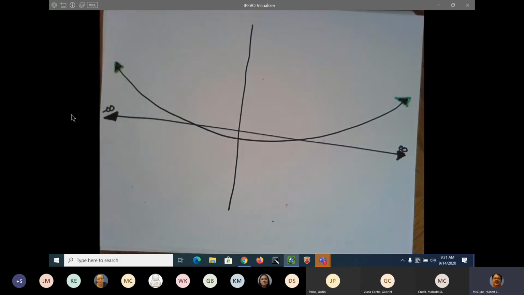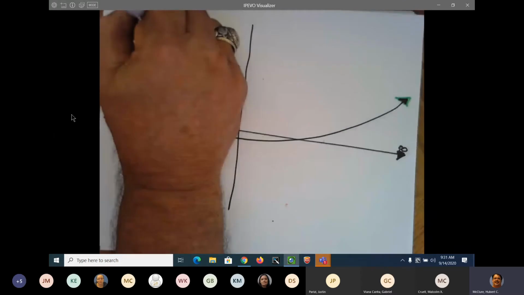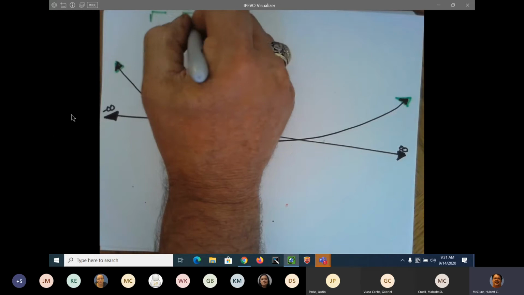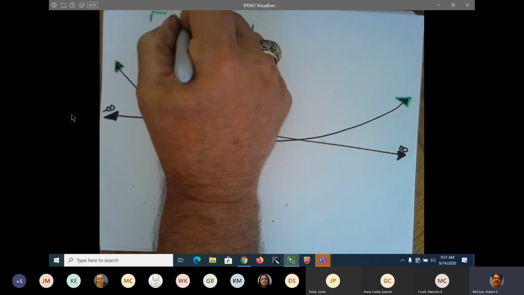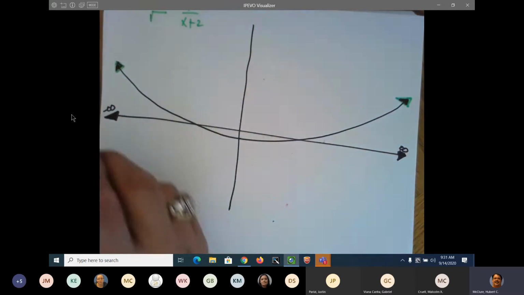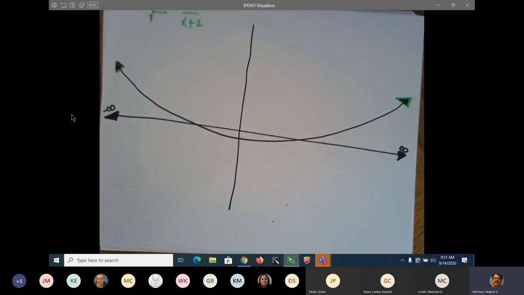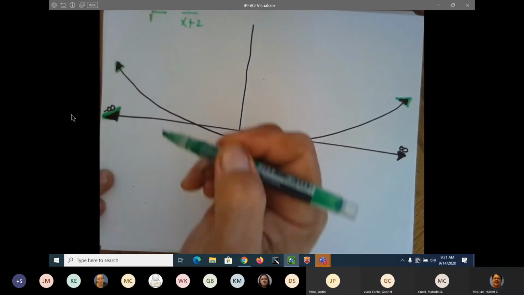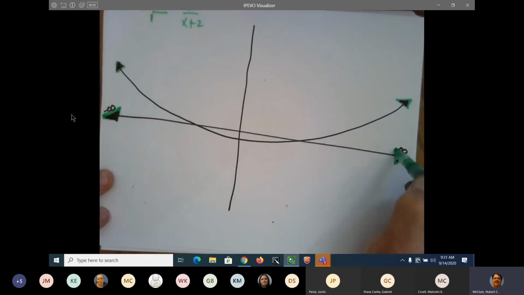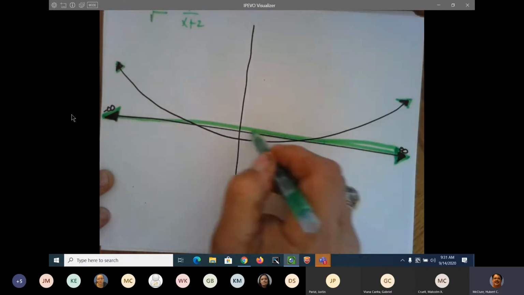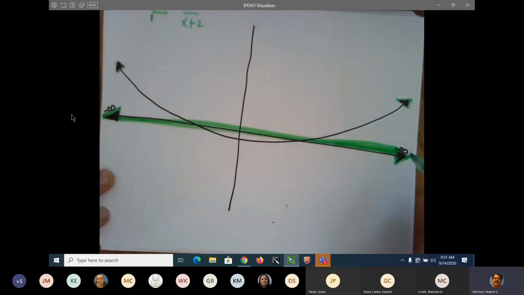So unless you have a radical, f of x is equal to a radical, or a rational like x plus 2, unless you have one of those two, your domain is going to be all real numbers. So if this arrowhead corresponds to this arrowhead, that means all the x values you can use for this function. So the domain is all real numbers.